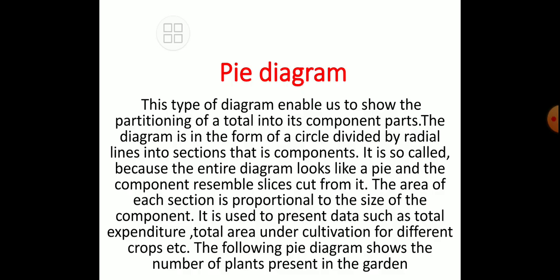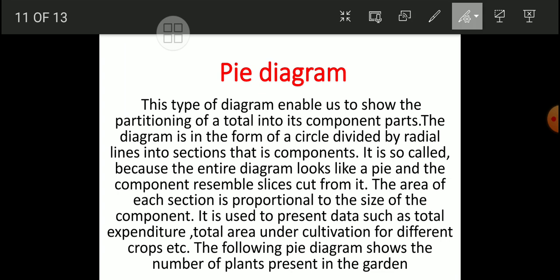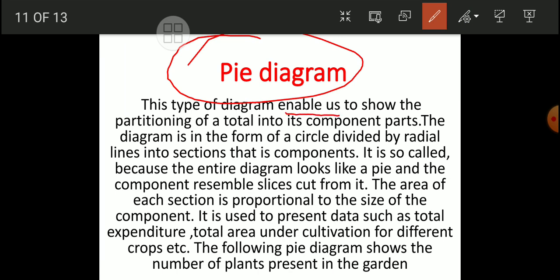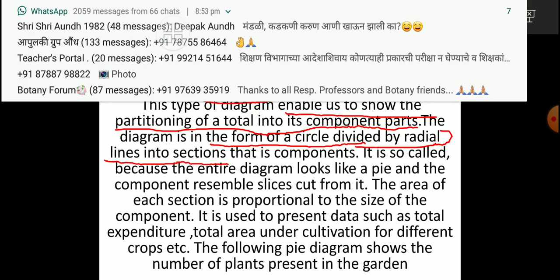Now what is a pie diagram? First of all, we will get an idea about this pie diagram. This type of diagram enables us to show the partitioning of the total into its component parts. The diagram is in the form of a circle which is divided by radial lines into sections, and those sections are nothing but the components.